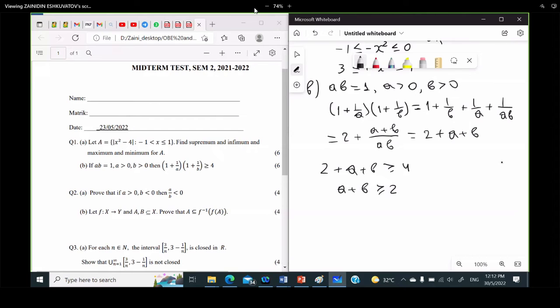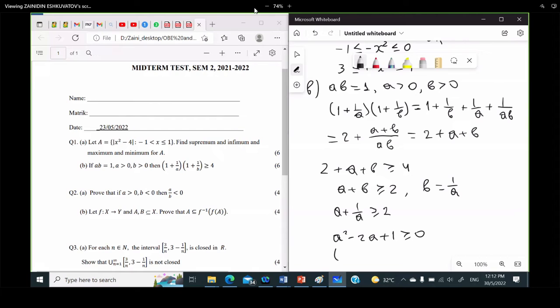Okay, now how to prove this one is correct? We know from this one, B equal to 1 over A. So I substitute A plus 1 over A is greater or equal to 2. If I give common denominator, so A square minus 2A plus 1 greater or equal to 0.